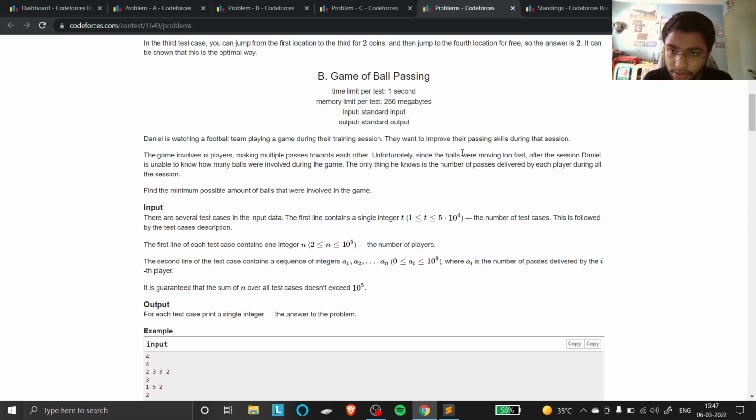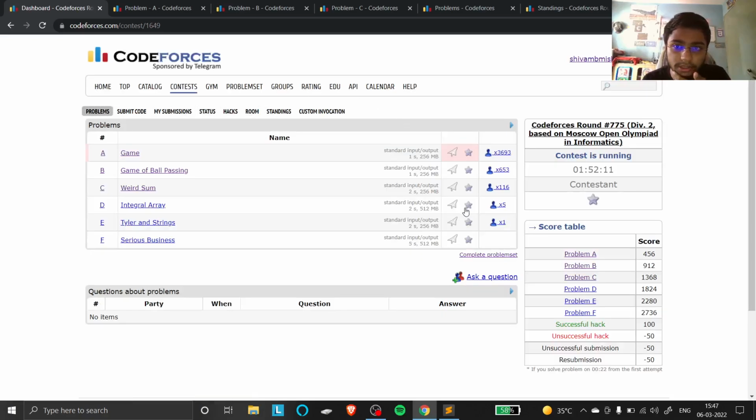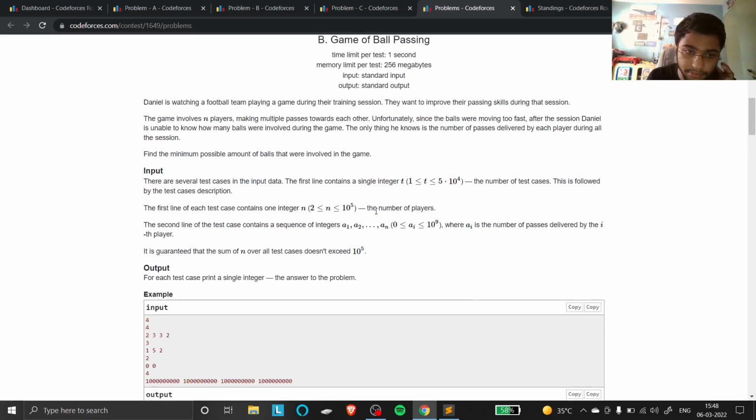Unfortunately, since the balls were moving too fast, after the session Daniel is unable to know how many balls were involved during the game. The only thing he knew is the number of passes delivered by each player during the session. Find the minimum possible number of balls that were involved in the game.